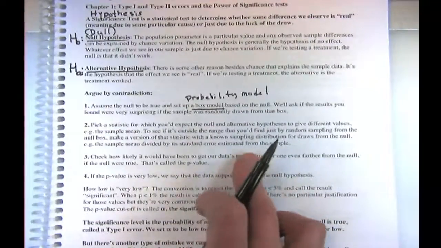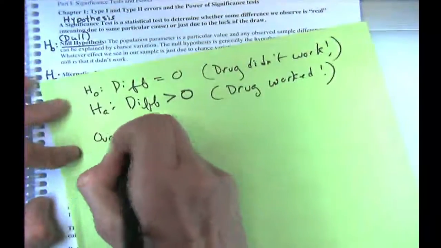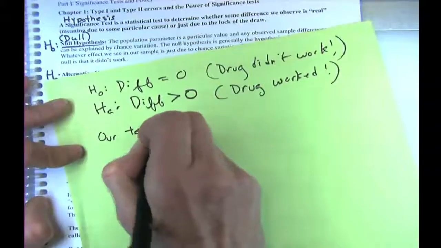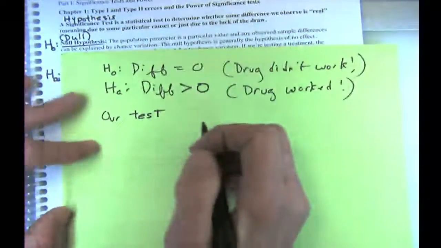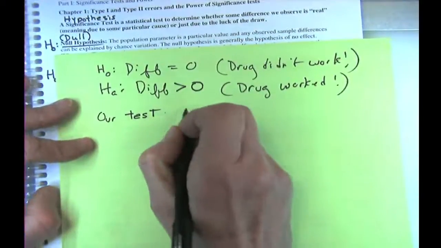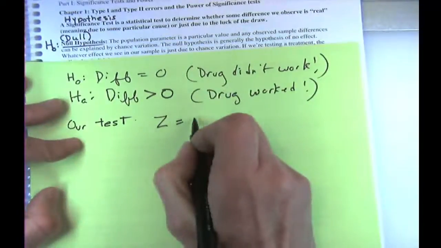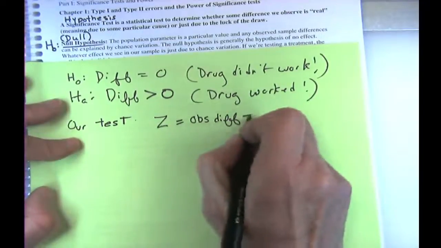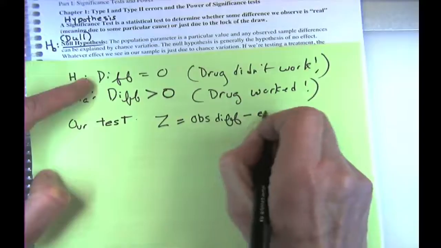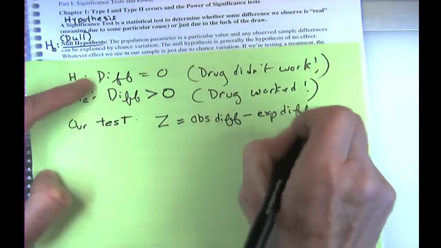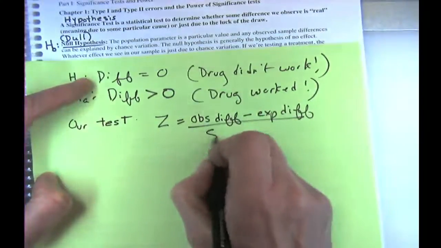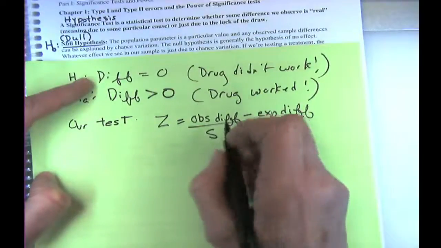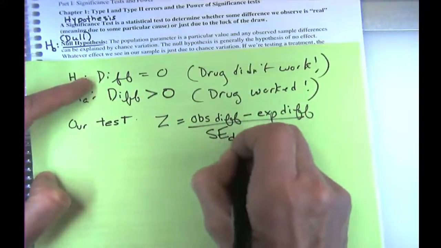So that's what we're going to do here. We're going to pick our test statistic, which is going to evaluate the evidence for whether the drug worked. It is going to be a z-score, which would be what? The difference that we see in our sample, we'll call it our observed difference, minus what we'd expect under the null, the expected difference, divided by the typical difference we'd see, which is the standard error for the difference.